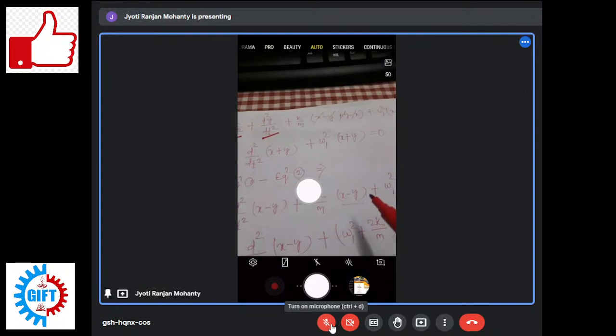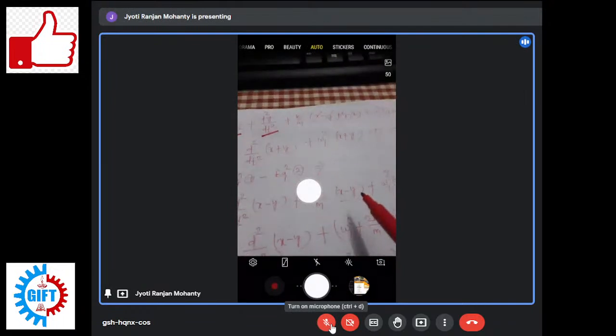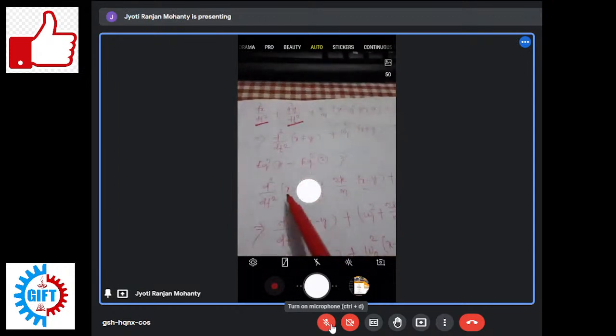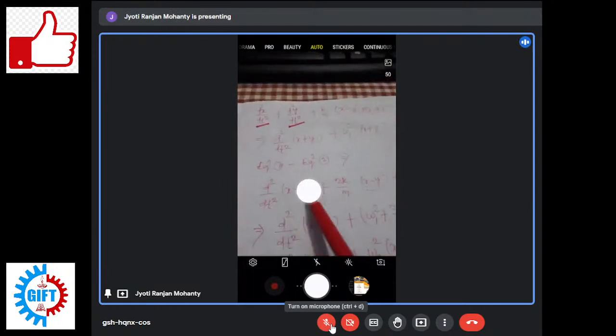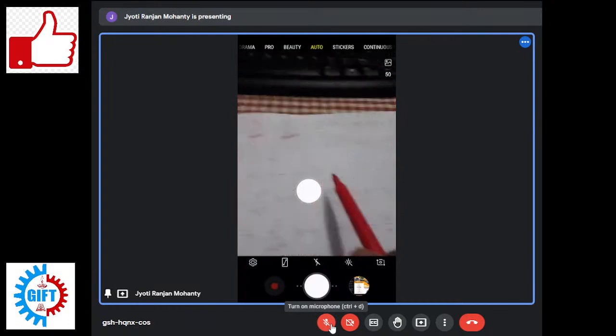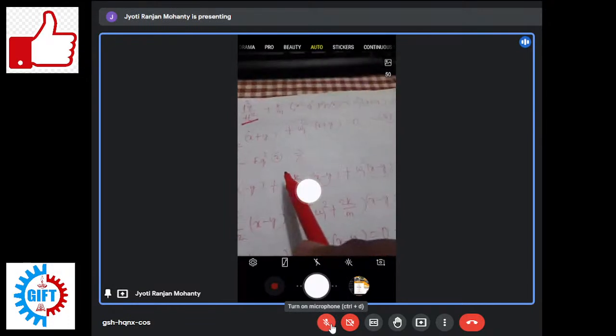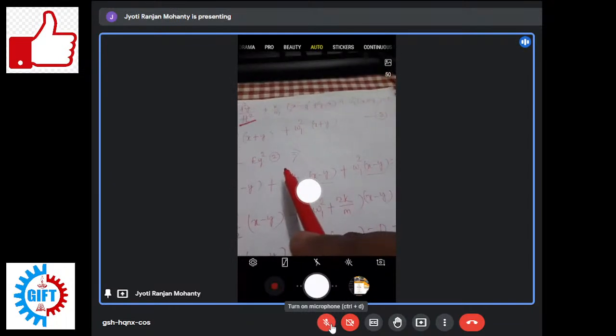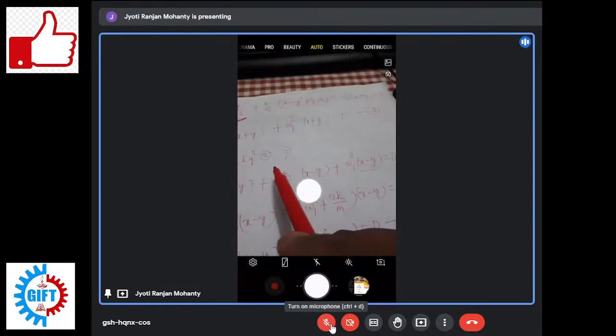Tell me, if you take the subtraction, that means equation 1 minus d square by dt square into x minus y plus. So directly I want to write, look here, that is k by m x minus y. This is k by m y minus x.